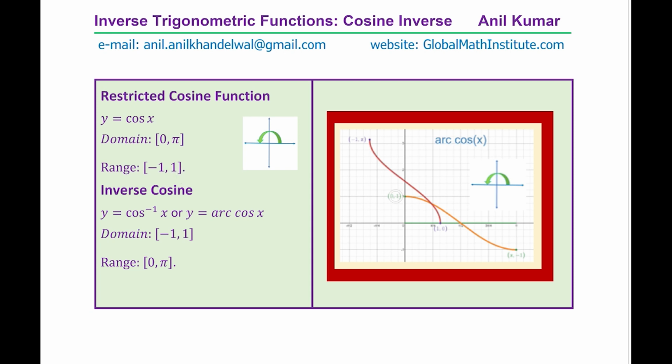That is to say that we are looking for the cosine function which is always decreasing in the domain. It passes the horizontal line test and its inverse is a function which is seen here in the red graph. So, the inverse of the cosine function decreases from pi to 0.